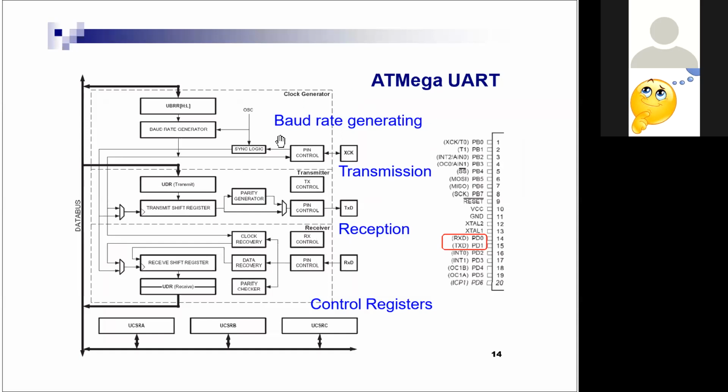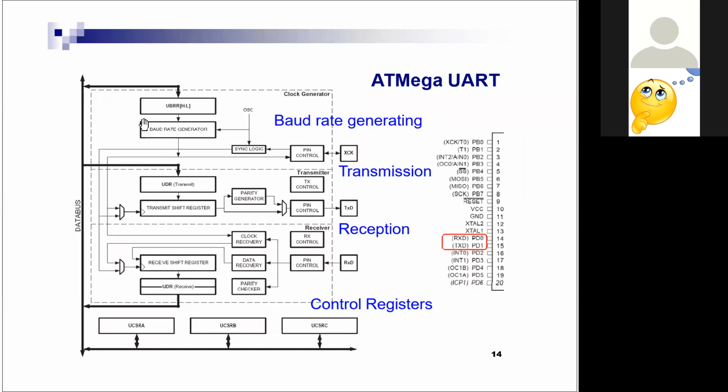One is the baud rate generating part. How many bits have to be transmitted and how the baud rate is generated: we have the original 12 megahertz frequency, and we divide it with the prescaler. Depending upon that, the baud rate will be fixed.